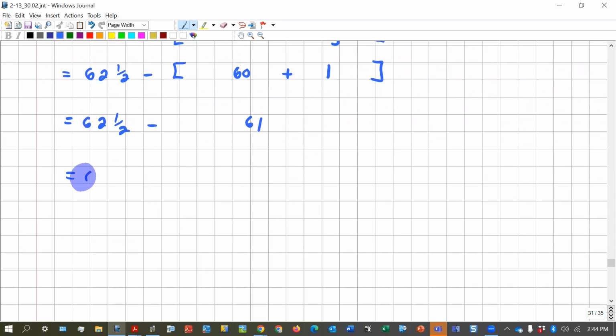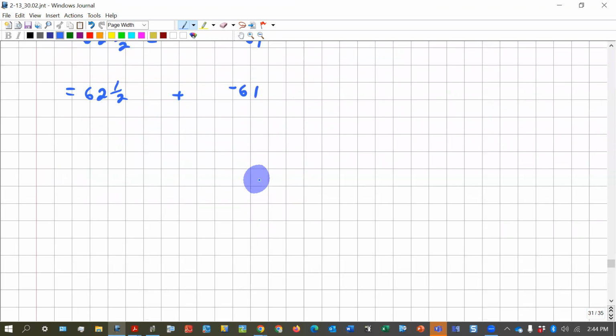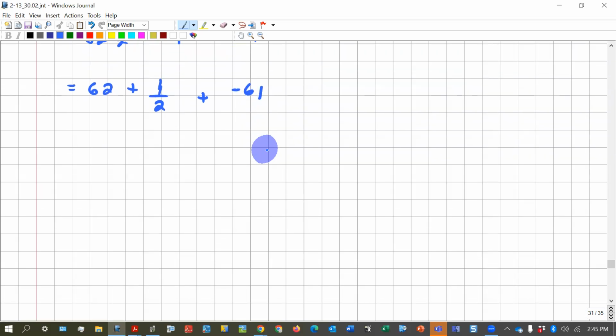In other words, we've got 62.5 plus negative 61. In other words, we've got 62 plus 1/2 plus negative 61. So we've got 62 plus negative 61 plus 1/2. So we've got 1 plus 1/2.